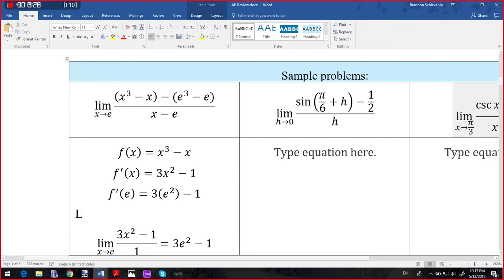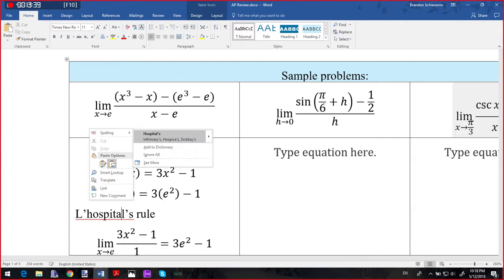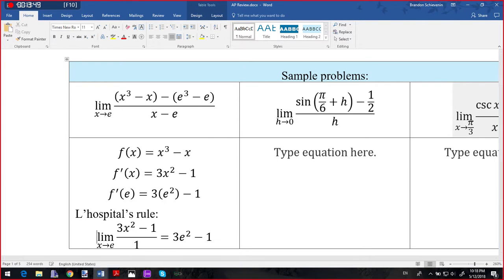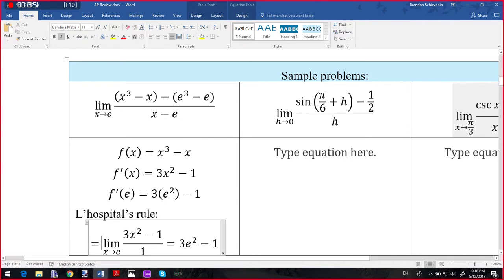Okay, so if L'Hospital's rule is easier for you, then just use L'Hospital's rule. So with L'Hospital's rule, this limit would be equal to the limit of the derivative of the top divided by the derivative of the bottom.